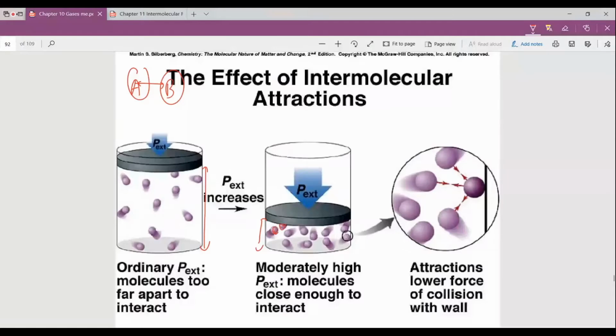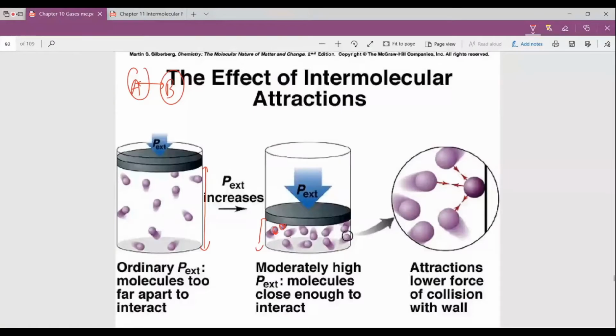When near to each other, they have the attraction force between the molecules, and they have a higher tendency to collide between the molecule and the wall of the container.